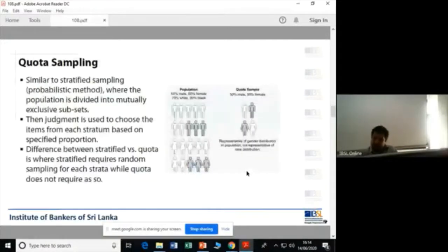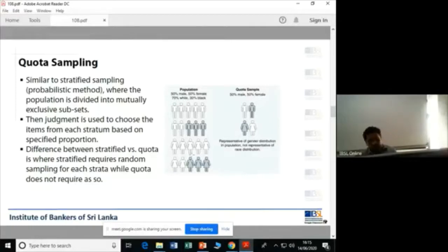The third one, this is very interesting and important and can be a bit tricky also. We call it quota sampling. The word quota gives you an idea that in our simple n or in our smaller sample that we are going to select, we are going to be giving some quota or proportionate chances to the items in the population to be selected for a sample.